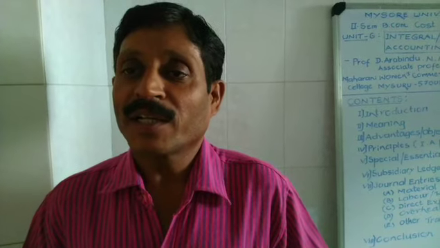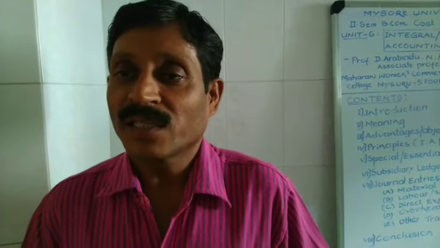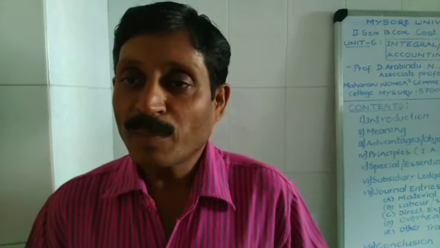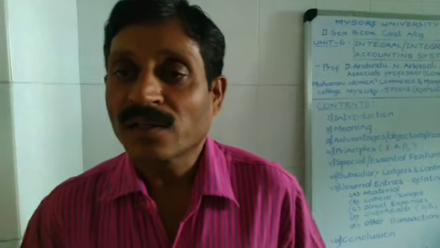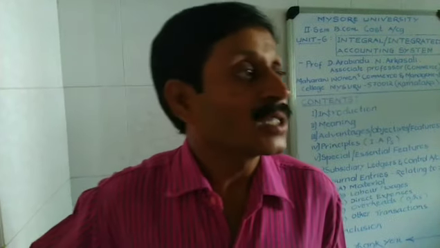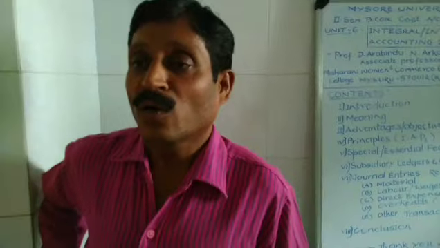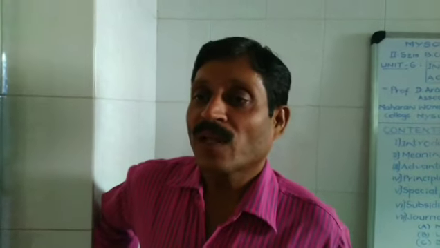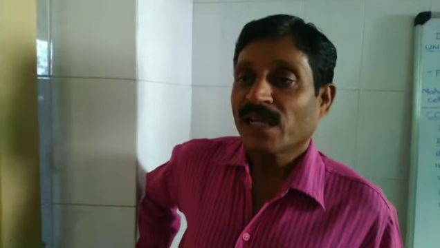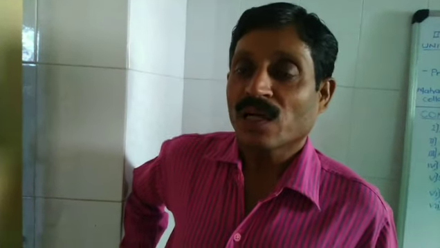Fourth journal entry is related to sales return. The journal entry is sales account debited to sundry debtors account. Fifth one, for capital work: sundry assets account debited to work in progress account.